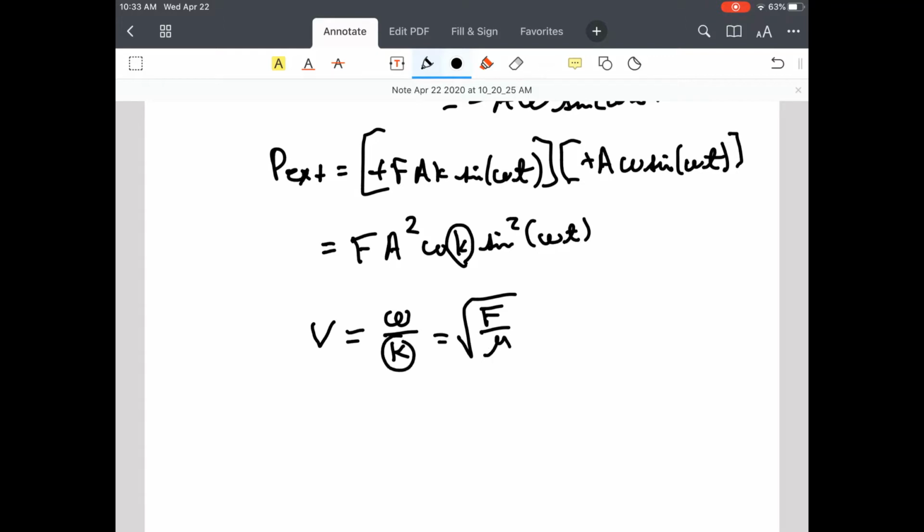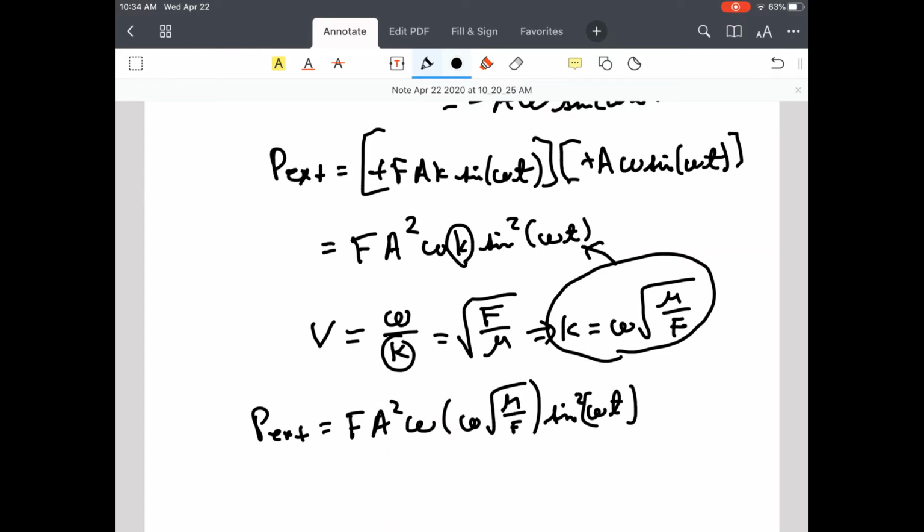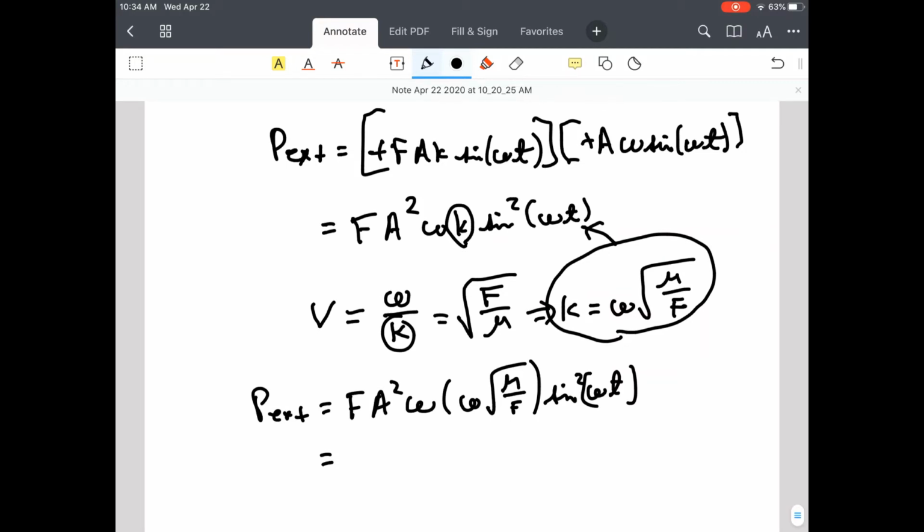Okay, so if I want to solve for k, I bring k over to the other side, divide through by root mu over F. I get that k is equal to omega times the square root of mu divided by F. And finally, when I plug this guy in to my external power equation, I get that power is F a squared omega times omega root mu over F sine squared omega t. And finally, after a teeny bit of algebra, canceling out that F in the denominator, I get the promised expression, square root of mu F a squared omega squared sine squared omega t.